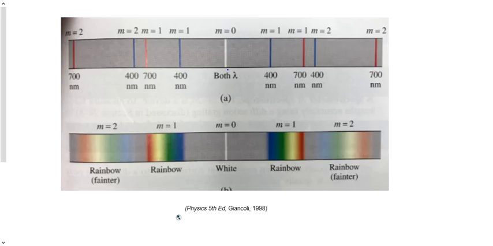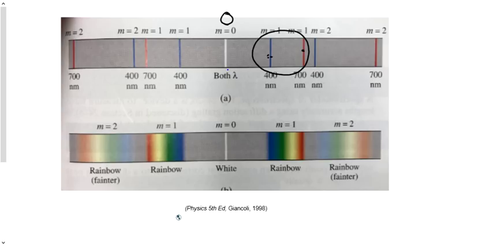Now, your first order maximum, let's just look at the one side here. This is my central maximum, or as a number of 0 assigned to it, right? My first order maximum is this. It's not this one. It's not this one. It's both. My first order maximum consists of both of the colors.